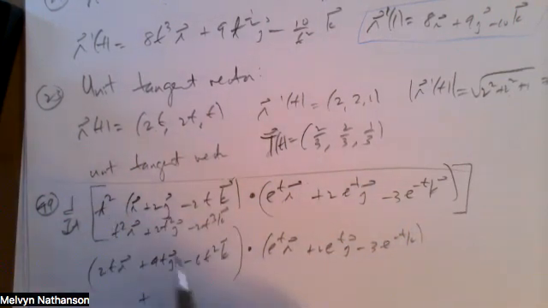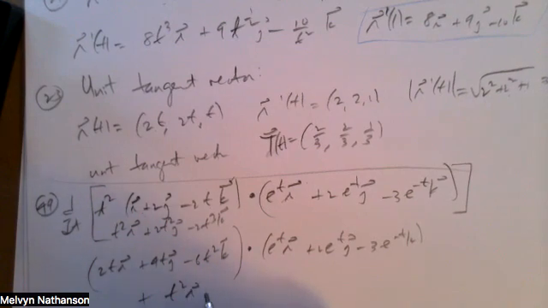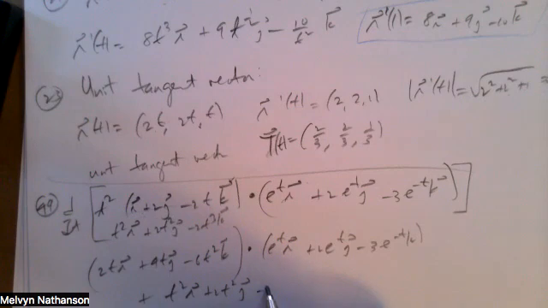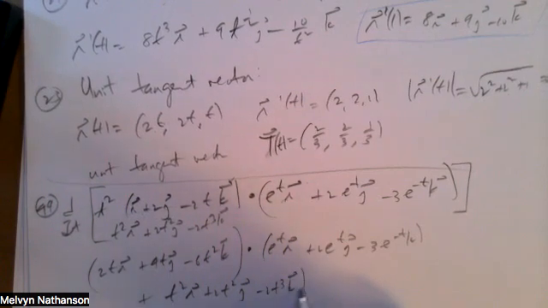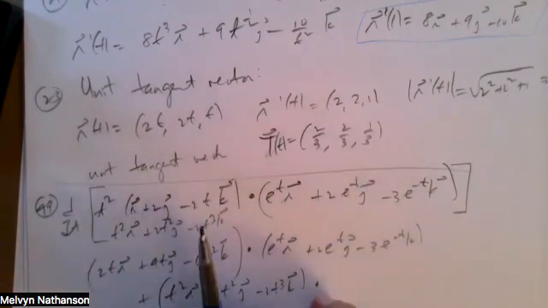Plus the first function, this one, t squared i plus 2t squared j minus 2t cubed k, dot product with the derivative of this.